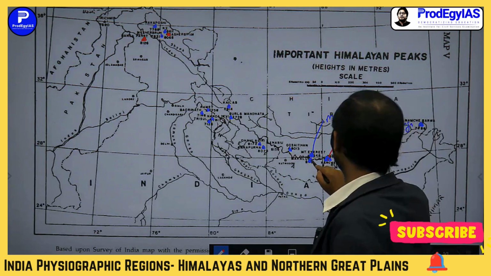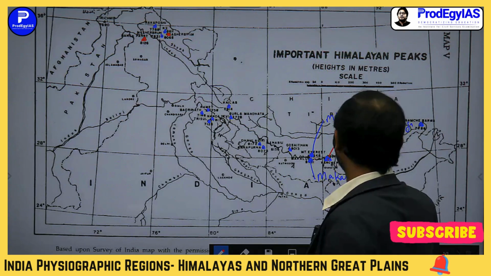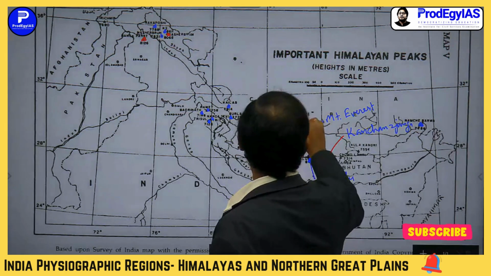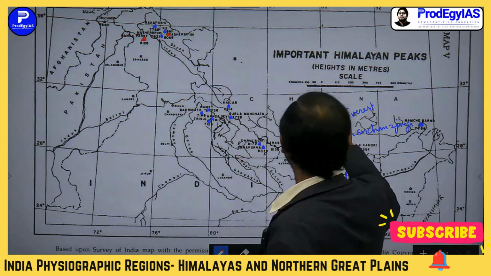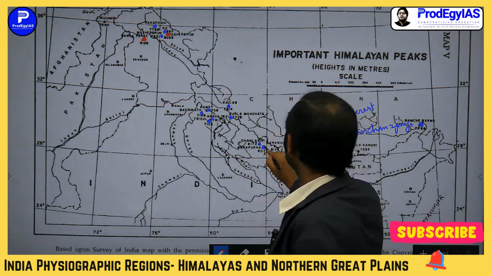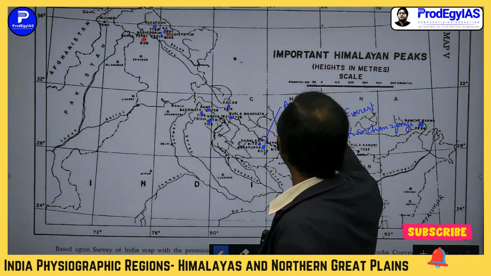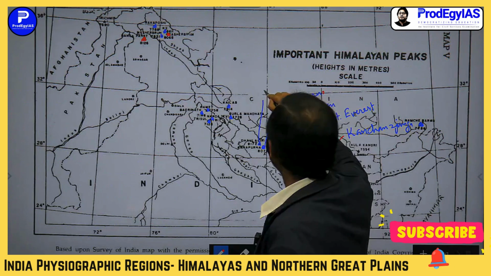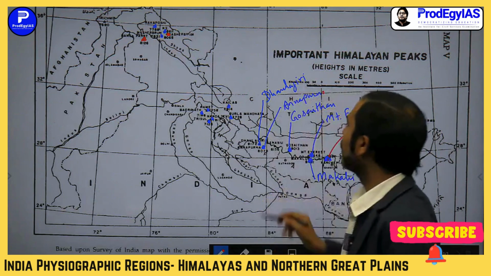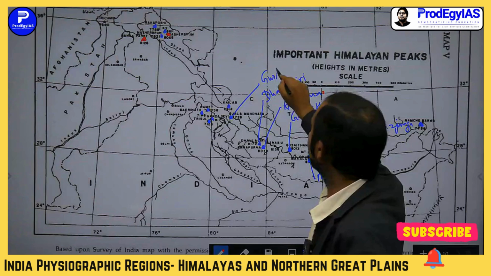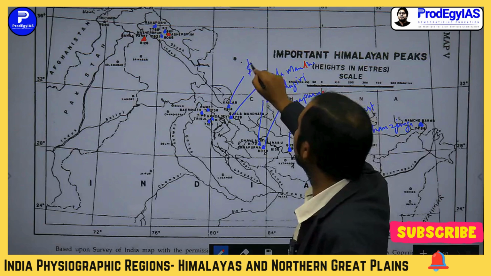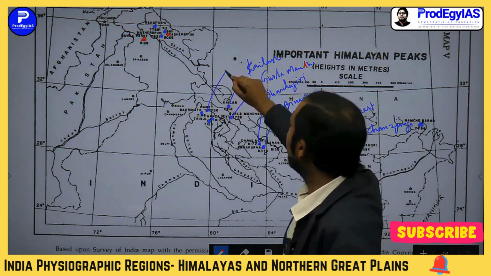This is Makalu. This is Gosainthan. This is Annapurna, Dhaulagiri, Gurla Mandhata, Kailash Shikhar, Kamet.